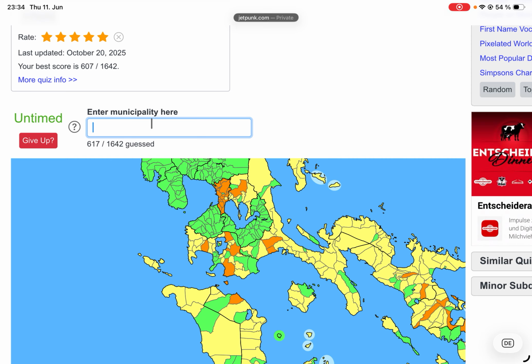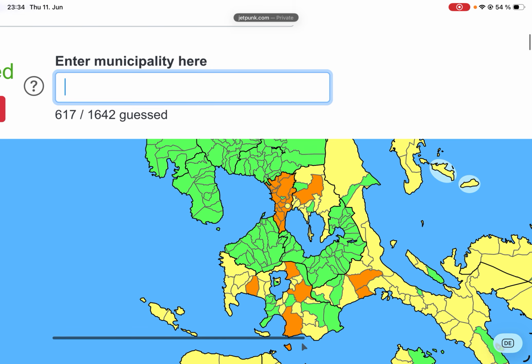Then following the province, the regional name Calabarzon, next is BA for Batangas. So the capital of Batangas is also called Batangas. And here again, Batangas is the capital, but apparently the largest municipality in terms of population is called Lipa. This one right here. And here in the southeast we have Lobo. We have Taysan, Padre Garcia, Ibaan.